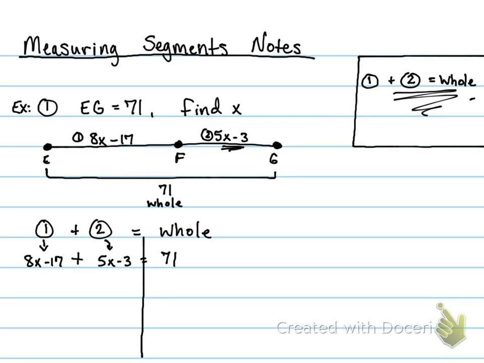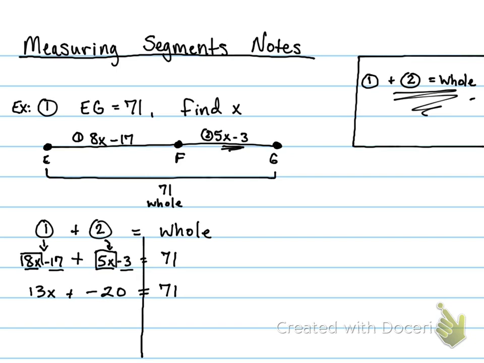And I know that I have 8x and 5x, which gives me a total of 13x. I have negative 17 plus negative 3, which is going to give me a plus negative 20. And that's equal to 71.